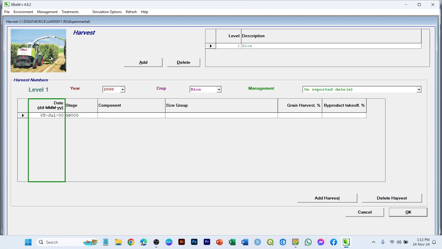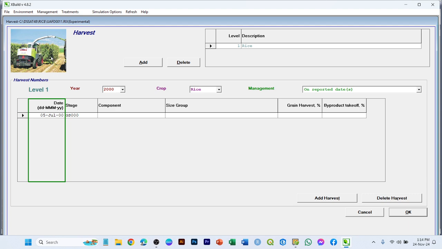Management means this is the date of harvest when you have mentioned over here. This is the harvest date. Somewhere else you have mentioned the harvest date as well. So you have to mention over here the reported date.